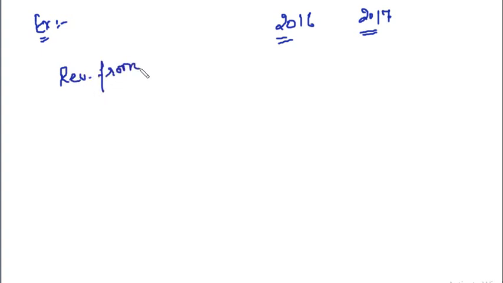So let's do one or two simple practical problems on this. Right? We are given the data for 2 years, 2016 and 2017. We are given revenue from operations of 1,60,000 and 2 lakh.